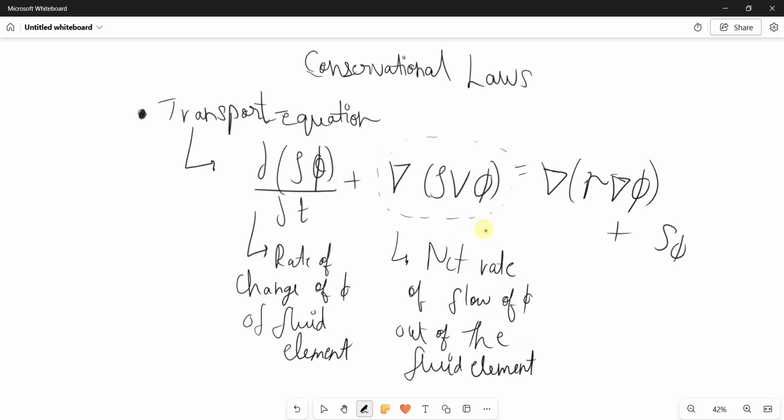So if I have a phase, it technically tells me the rate of flow of the parameter φ within each of the fluid elements. So if this is one of my fluid elements, it technically tells me the flux, right? So it's like a flux term.